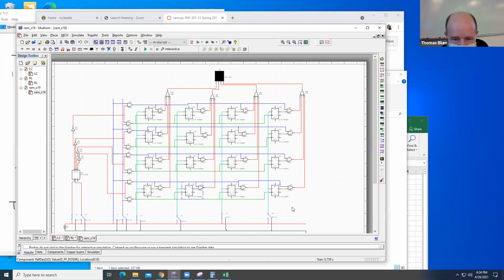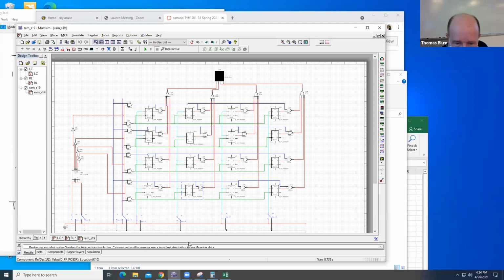And so your job is to figure out how this circuit works. These 1, 2, 3, 4, are probably, are they, no, 0, 1, 2, 3. These are connected to the inputs of the register.